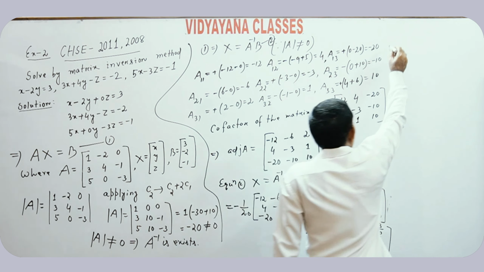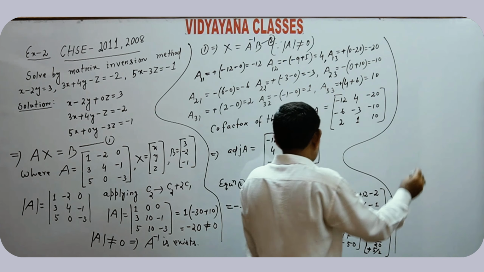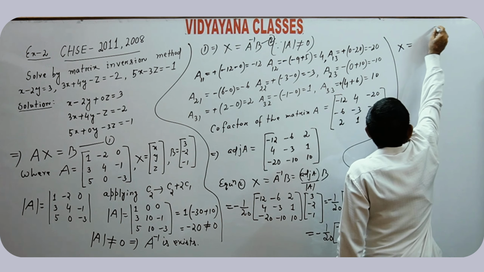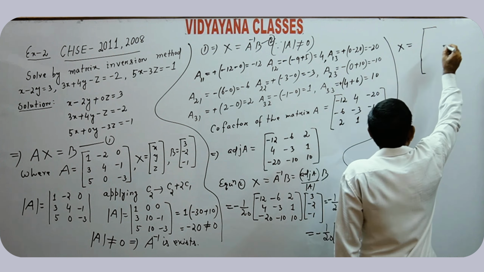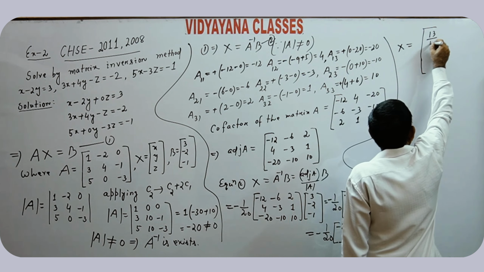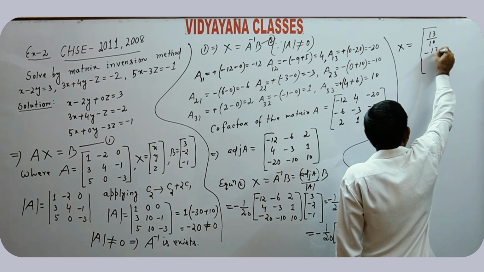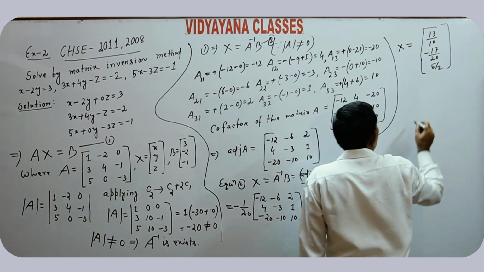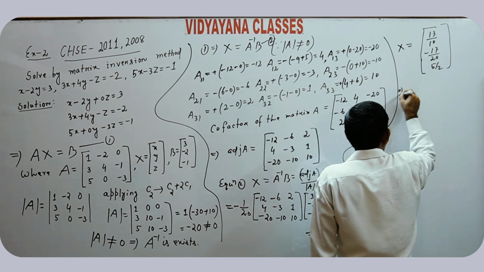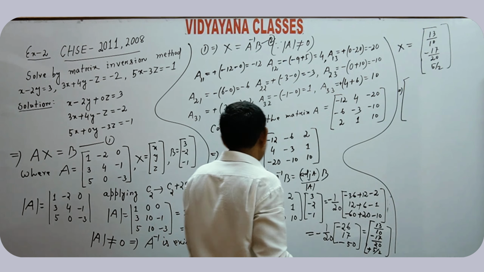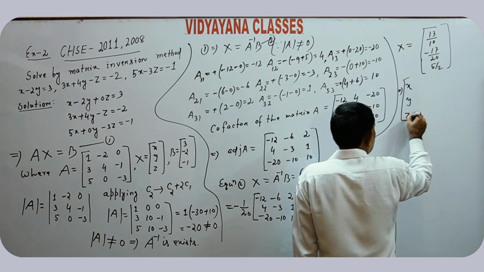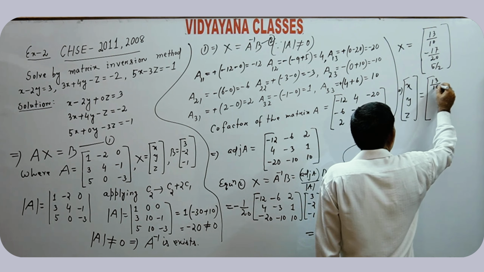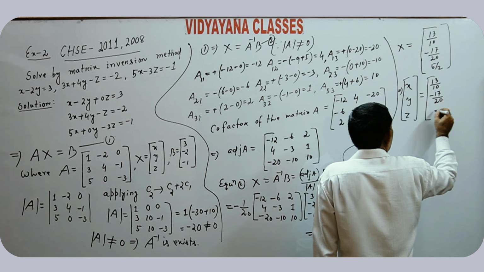x is equal to 13 by 10, minus 17 by 20, 5 by 2, which implies, as capital X means the matrix having elements x, y, z is equal to 13 by 10, minus 17 by 20, 5 by 2.